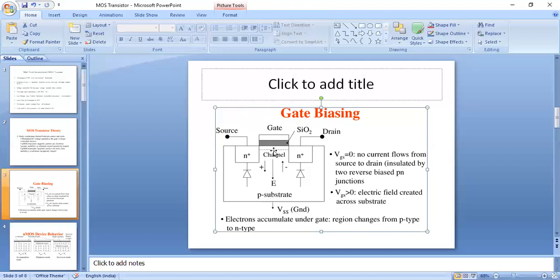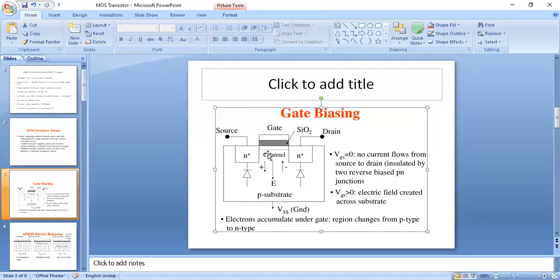Due to this accumulation of attracted electrons, a conduction path is provided between the source and the drain. Under such a condition, the surface of the underlying P-type silicon is said to be inverted, is it not? Under this condition, the P-type substrate gets inverted.